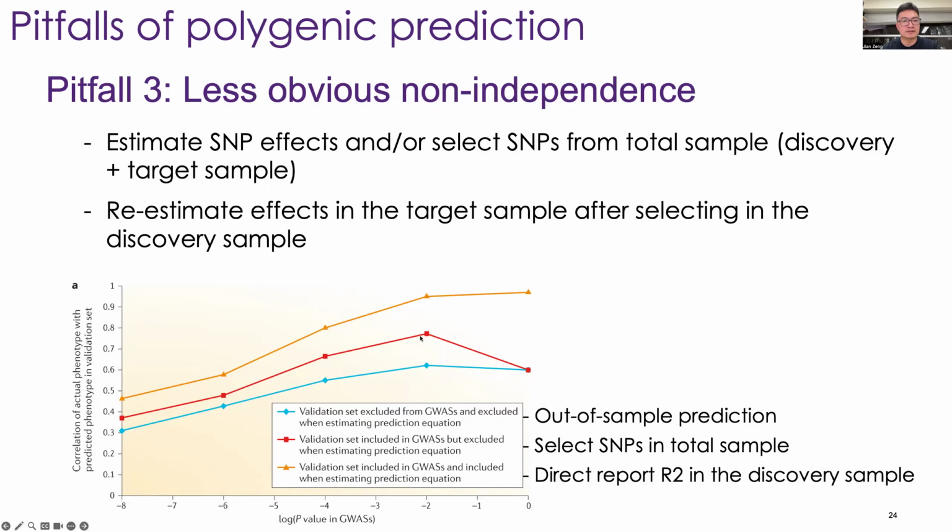The red one is if you select the SNPs using the total sample and re-estimate their effects in the tuning sample, you still get the inflation. It's because the SNP effects are estimated not only with the true signals, but also with an error, and that error causes overfitting if the target sample was also included in the selection of the SNPs.